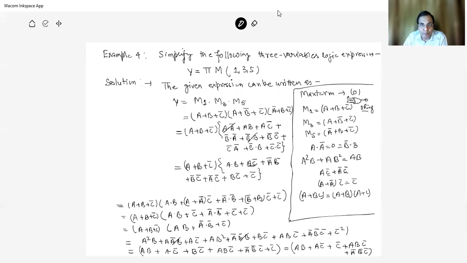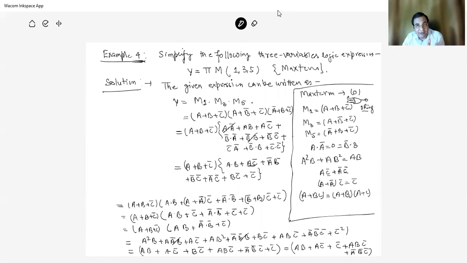Y is equal to pi, capital M, 1, 3, 5. 1, 3, 5 means this one is max term. It is written in max term format. So the solution of this equation 4 is the given expression can be written as M1 into M3 into M5. Now, how to find out the values of M1, M3, and M5?